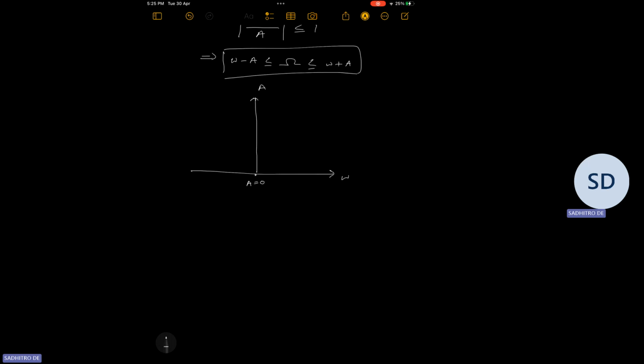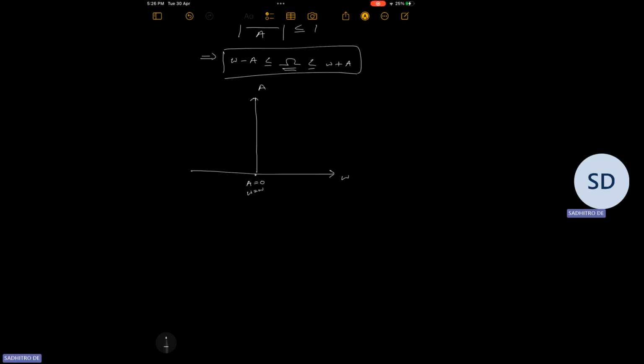So if the resetting strength is 0, then this is capital omega equal to small omega and A equal to 0. So you see if the resetting strength is 0, then there will be synchronization only if the external frequency capital omega is equal to small omega.